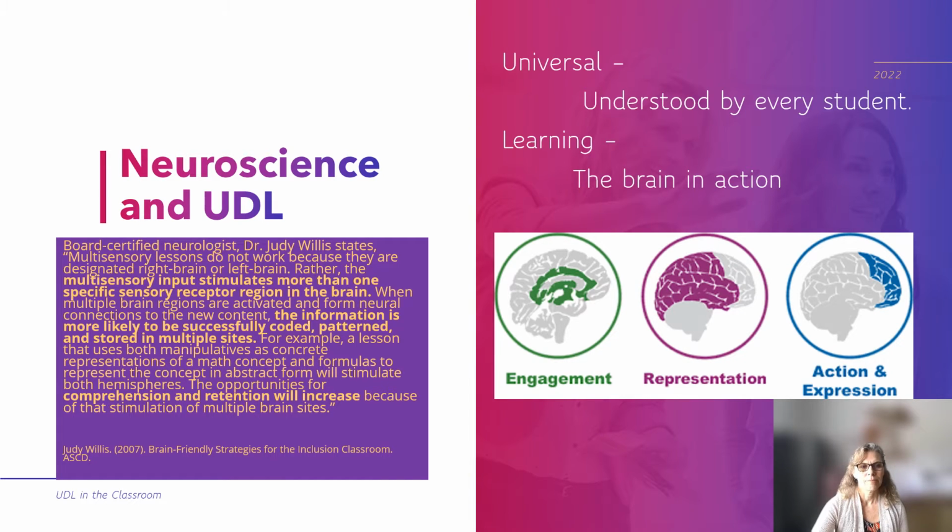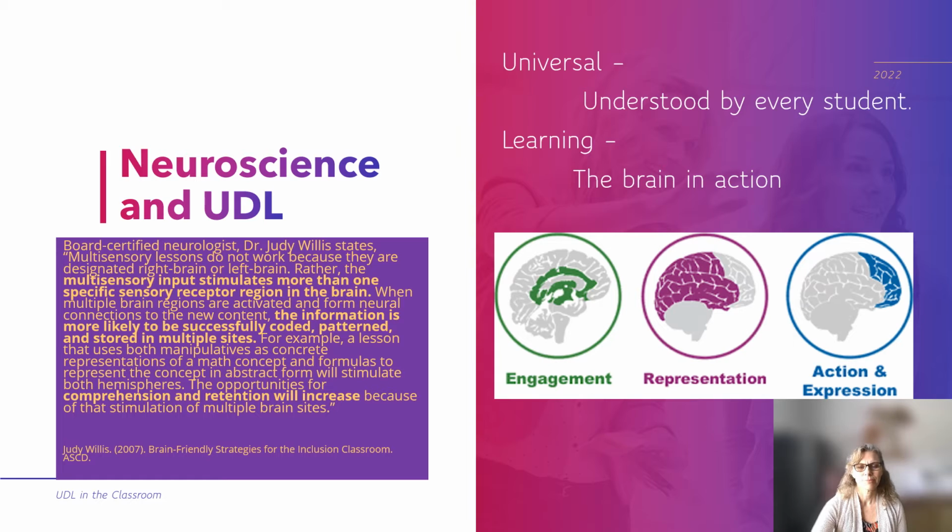And that is why neurologist Dr. Judy Willis said, multisensory lessons do not work because they are designed for right brain, left brain. Rather, the multisensory input stimulates more than one specific sensory receptor region in the brain. When multiple brain regions are activated and form neural connections to the new content, the information is more likely to be successfully coded, patterned, and stored in multiple sites.